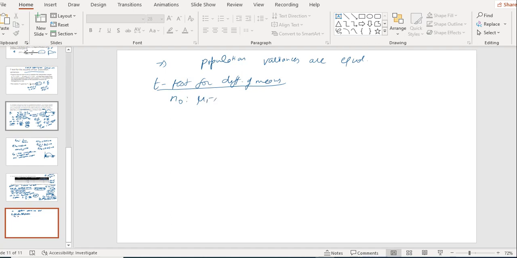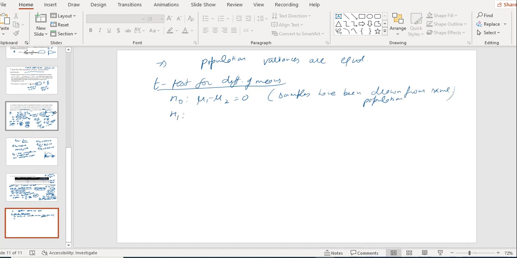That mu1 minus mu2 is equal to 0, because both the samples have been drawn from the same population, which means their population means are equal.